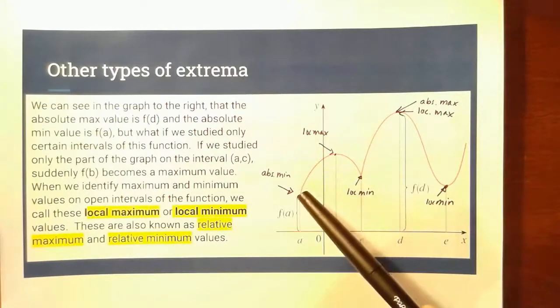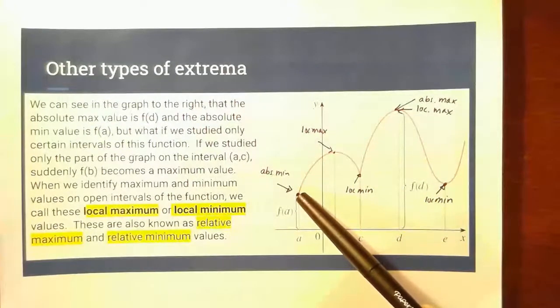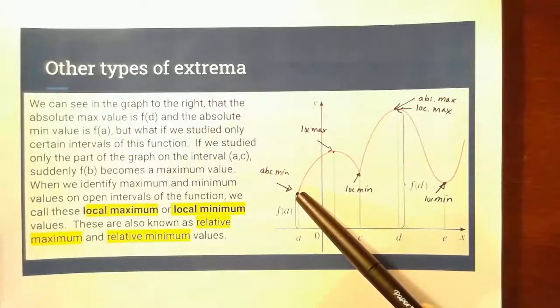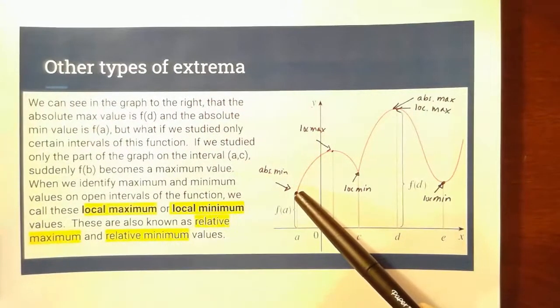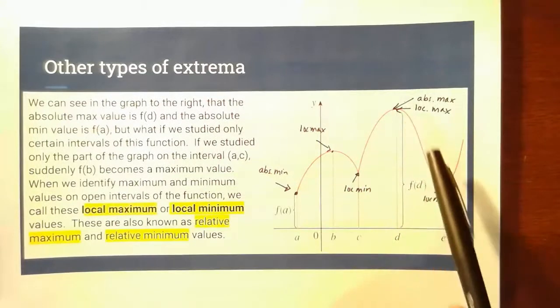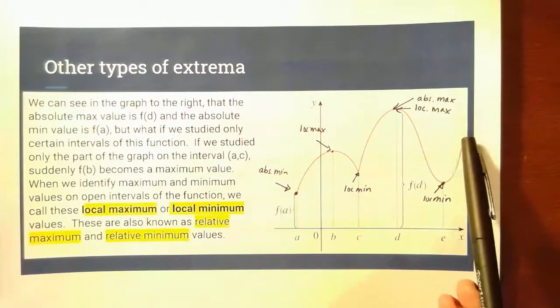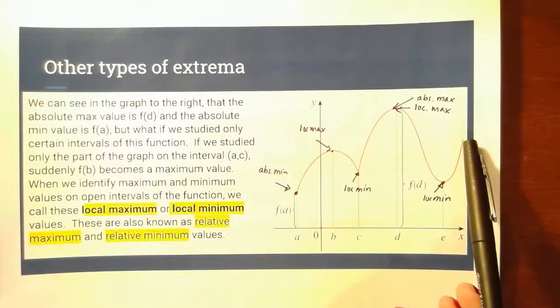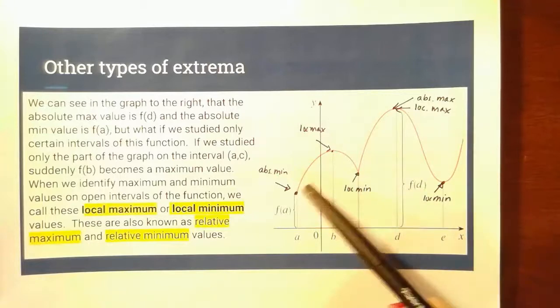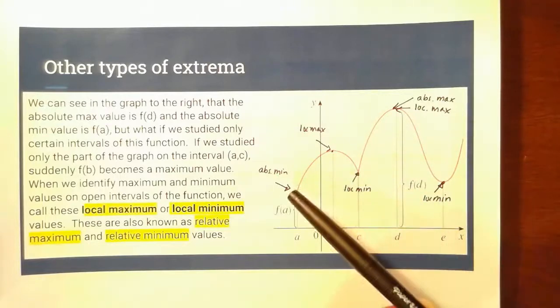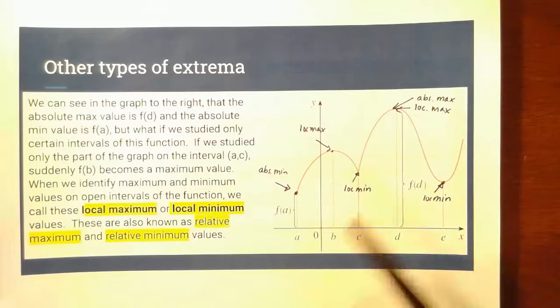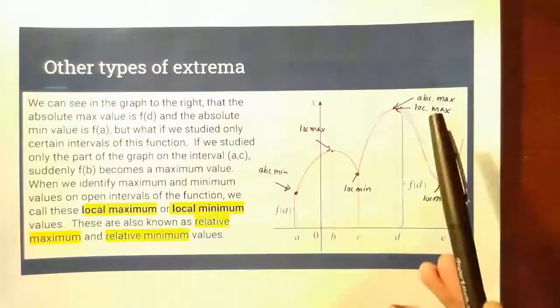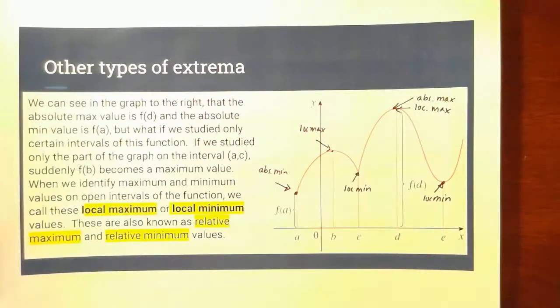They can be absolute extrema if they're at the lowest point on the entire function's graph right here. So this guy is an absolute min, but this guy is not an absolute max because he's not the highest point overall. So endpoints can be absolute max or mins, but they cannot be local extrema. Local extrema can only occur within smaller domains of the overall function.